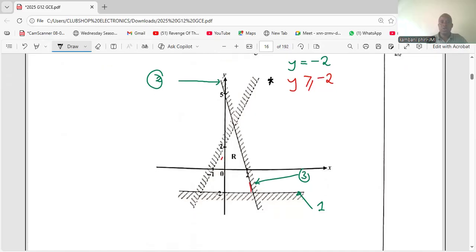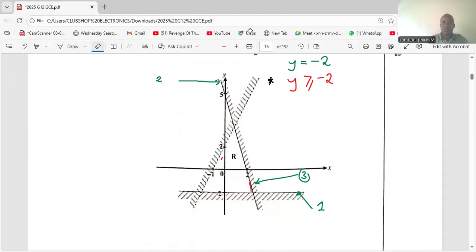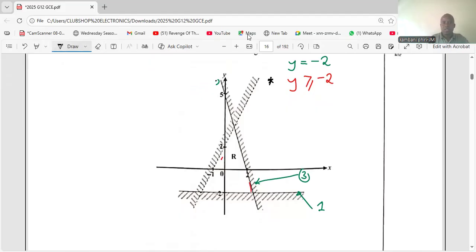So we look at the second inequality. Let me say the second inequality should be that one. It should be this line, this one.